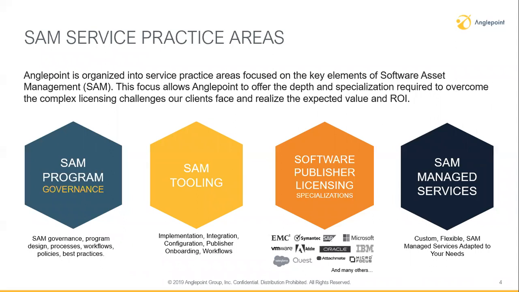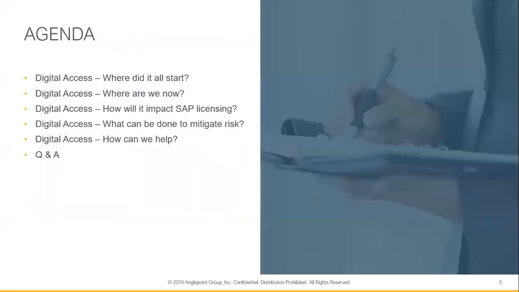So if you have any of those needs for any of these other publishers, we're your go-to providers. We also have software asset management managed service offerings, where if your organization needs more hand-holding on a more regular basis, or you need to supplant your own resources on a more regular basis, we can basically take any of these other categories and come back and help you on a quarterly, monthly, annual basis. And we do that for some of the largest organizations in the world.